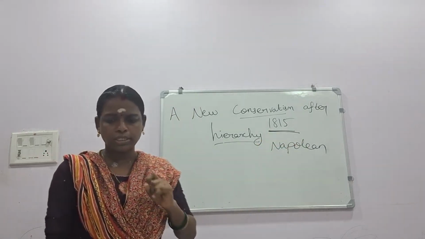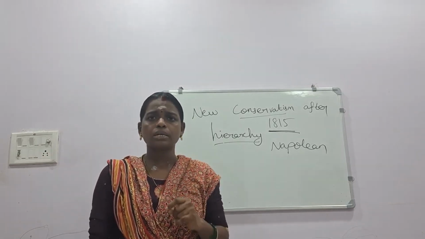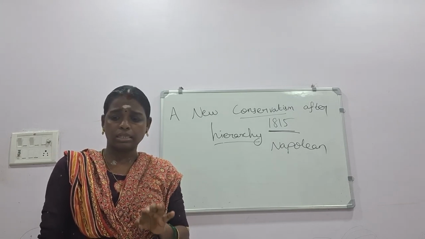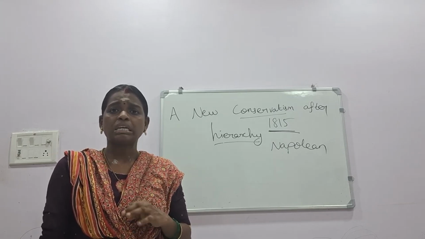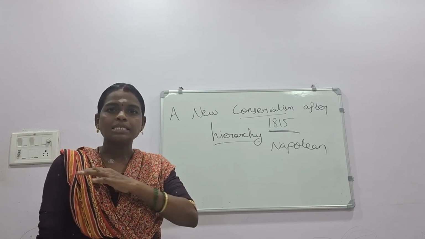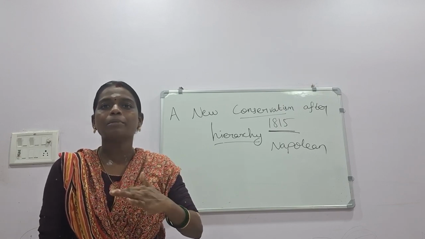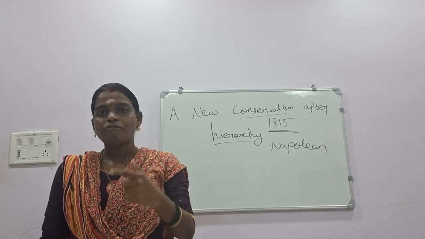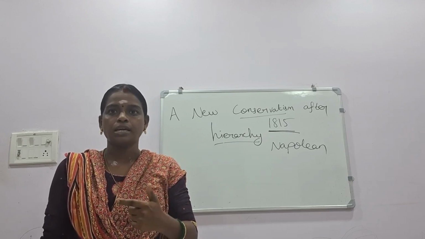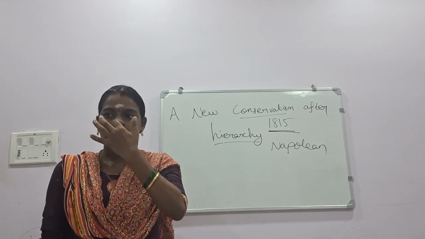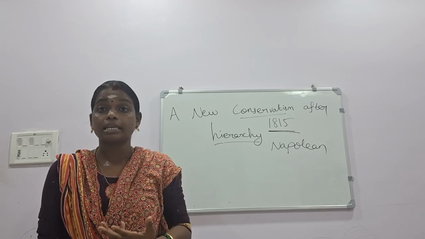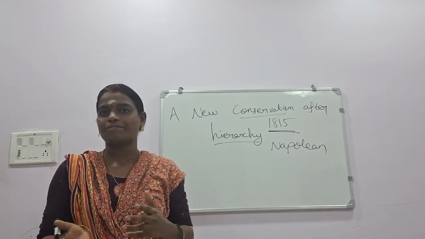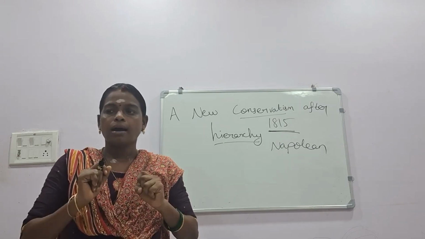But one more thing was that even though the European countries were under the control of the conservatists, the conservatists never tried to make the people go back to the past. Before the French Revolution, the people had a monarchy, and the people had a social hierarchy. So many such things were practiced before the French Revolution of 1789.